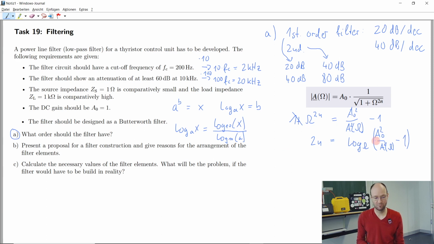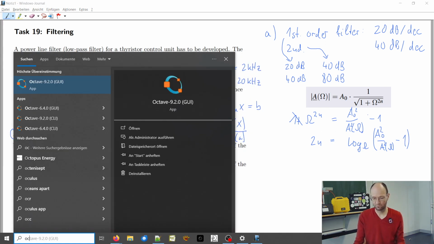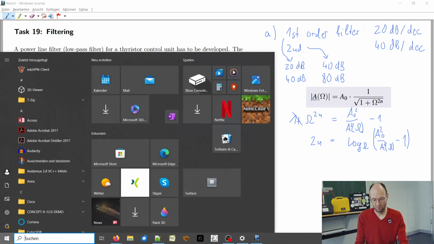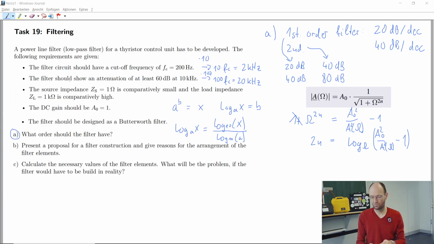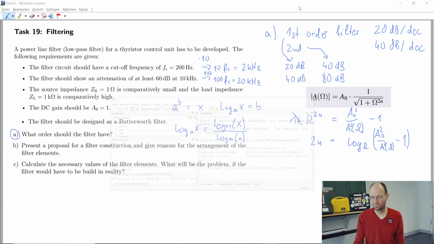And so we can do the same thing here. And the remaining thing, as usual, I will do in Octave. There is my Octave window, which should open up. And of course, then finally we need to divide by 2, right? So I could also write here, to get rid of this 2, we take 1/2 of this.